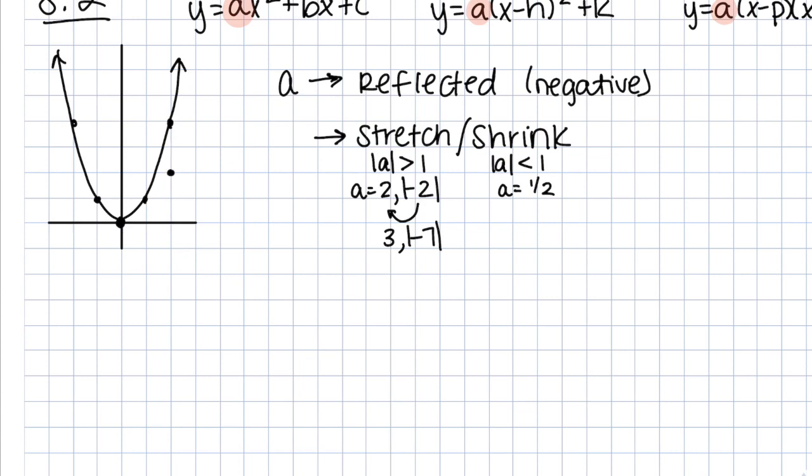So we would go up there, and we would end up with something that looks more like this. See how it's a little bit wider, but definitely shorter? We shrunk it down. We could also say maybe negative 1/3, because when I take the absolute value of it, I get 1/3, which is less than 1.